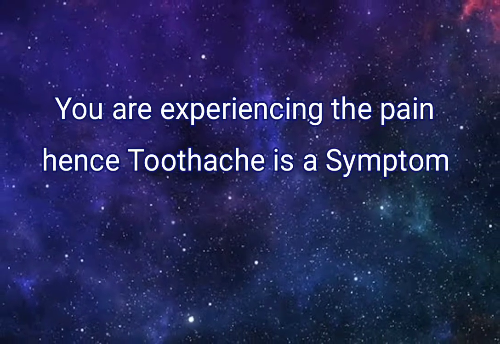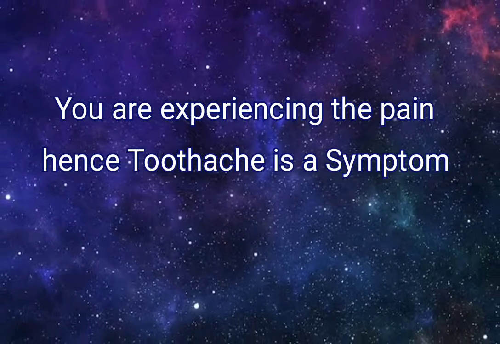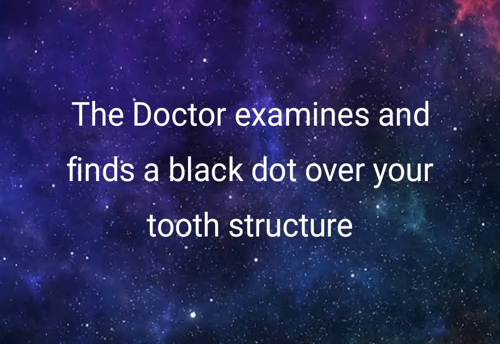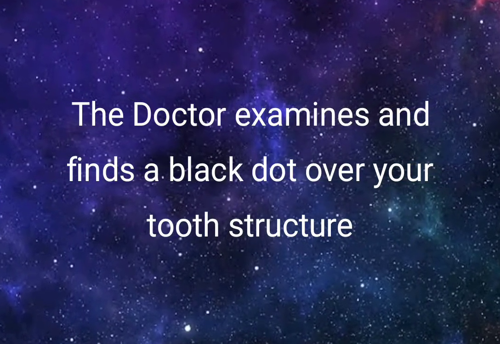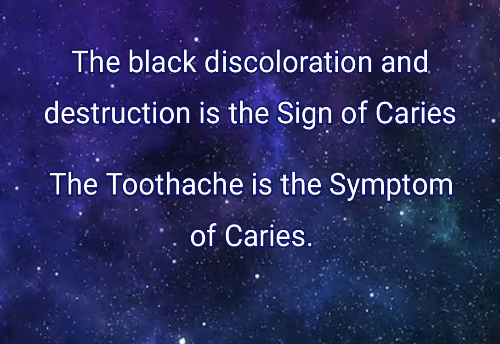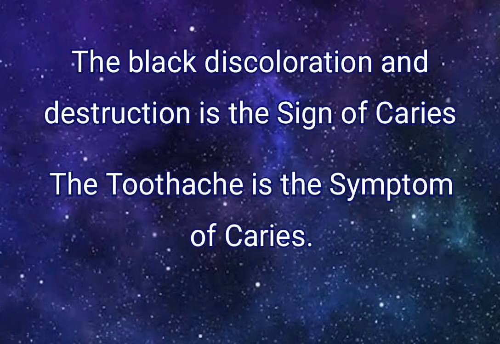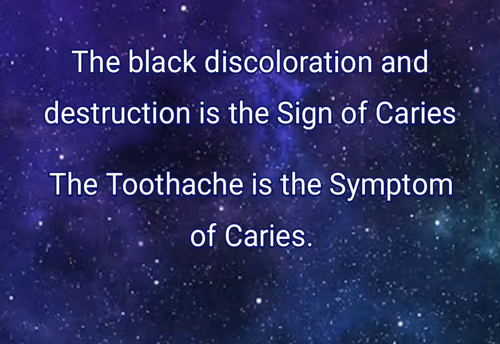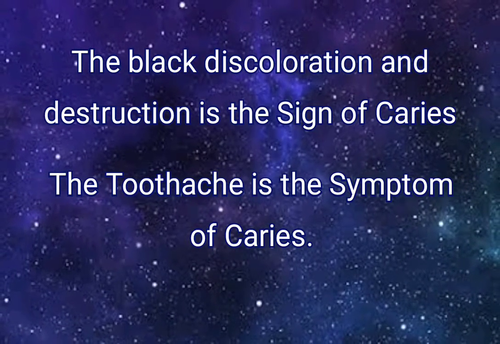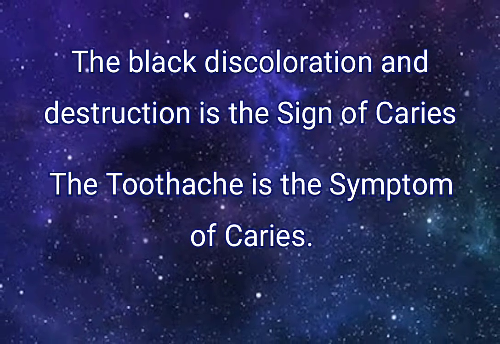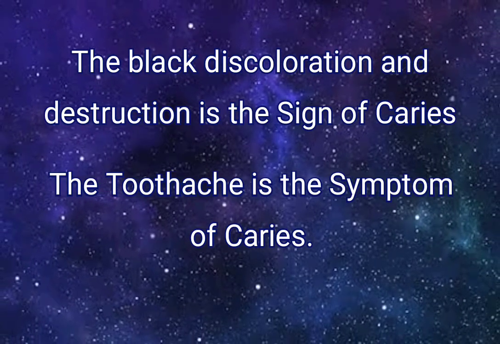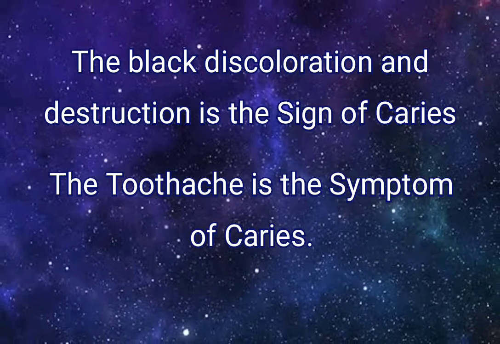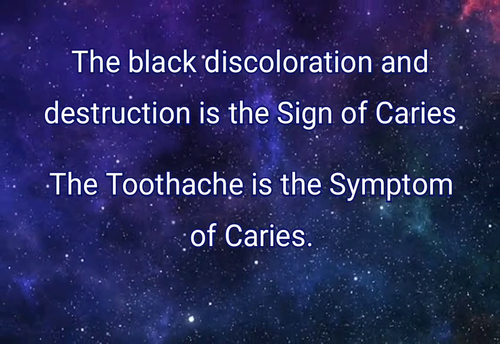Now the dentist examines and first finds a black dot or a black colored thing inside your tooth, and that thing is the sign of caries. So what pain you are experiencing, that is a symptom. Hence toothache is the symptom of caries, and the black destruction over the tooth which the doctor finds is the sign of caries.